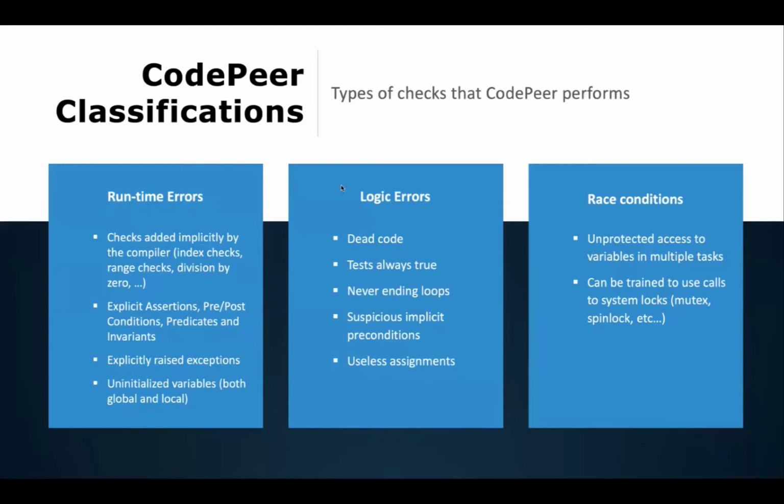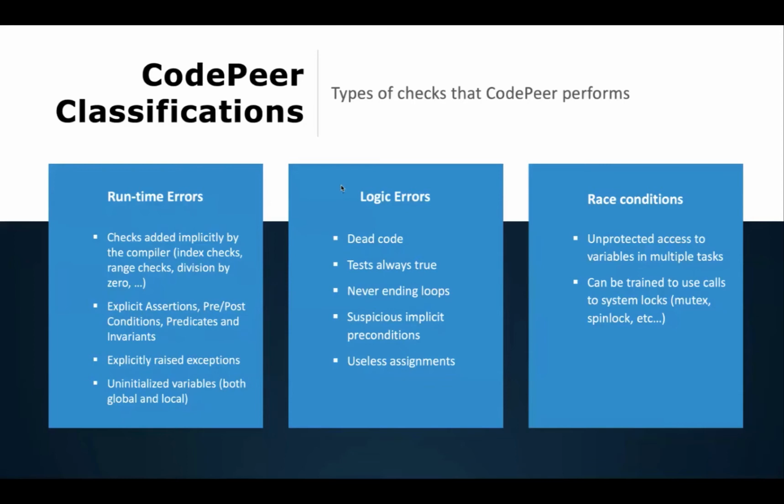So let's say we have a function which takes an input variable, and then we use that input variable in the divisor of an expression. CodePeer will say, based on this code, we know that if this input variable has a value of 0, we will have a divide by 0 exception. So, is that possible with our current code here?